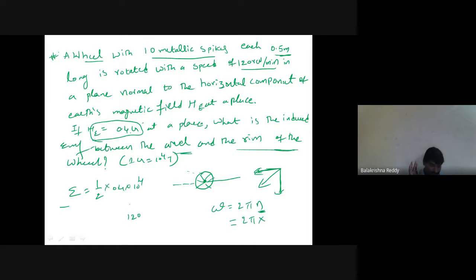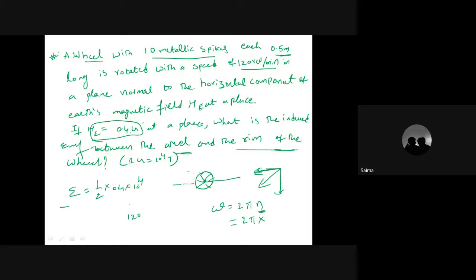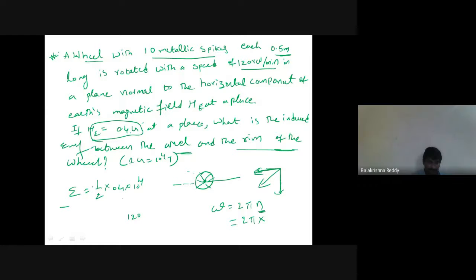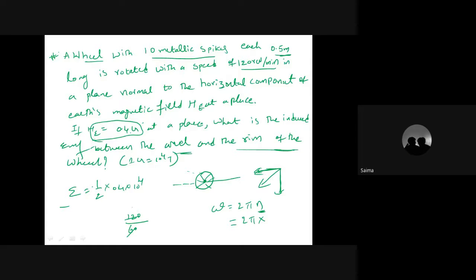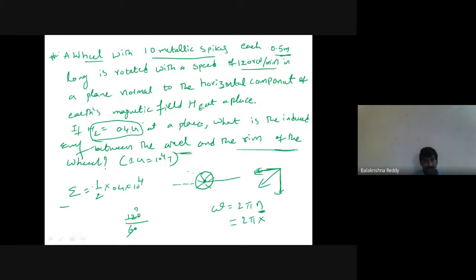It will be 2. So 2 pi into 2 I can write as 4 pi. Therefore omega is 4 pi.